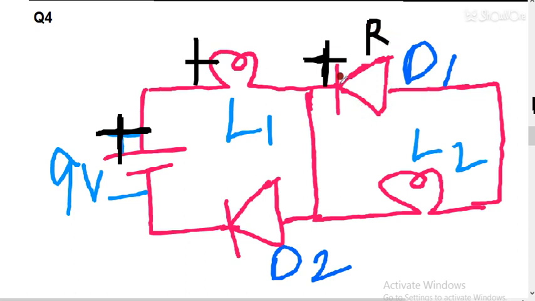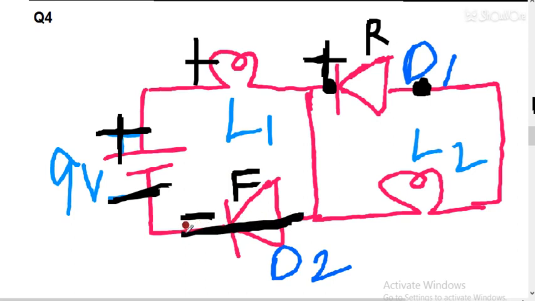This diode will be reverse biased, so it will act as an open switch. Now see, this is the negative terminal, so some negative voltage will go here. That means this diode will be forward biased, and it will act as a closed switch.